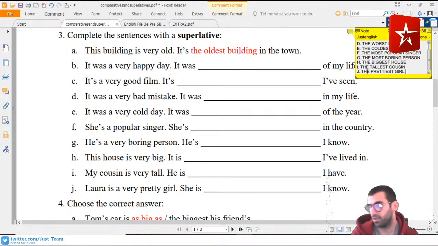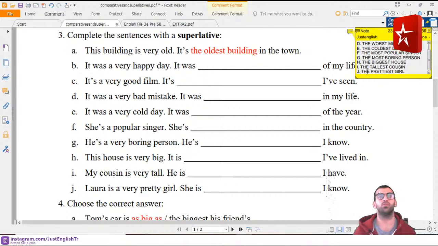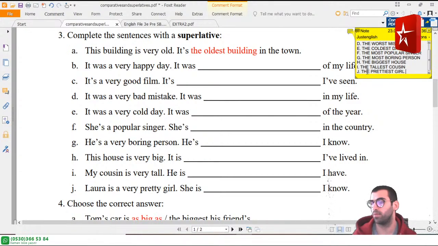All right, guys, we have finished superlatives, and I want to ask you, do you have any question related to this topic? Because I will continue with another topic. I will continue with quantifiers. I will be talking about quantifiers. Do you have any problem with superlative?